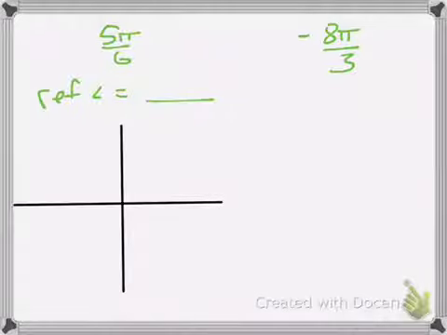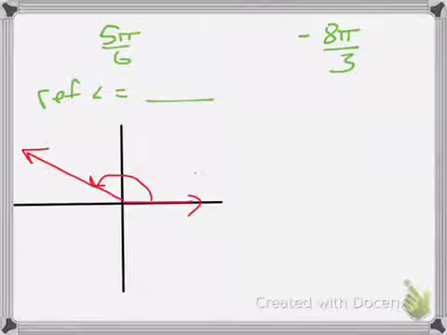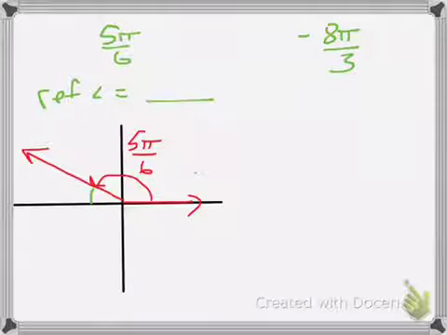So 5 pi over 6 is 150 degrees. That's 5 pi over 6. Which means this angle right here is what? 30 degrees, but I want to answer in radians. 30 degrees is pi over 6.